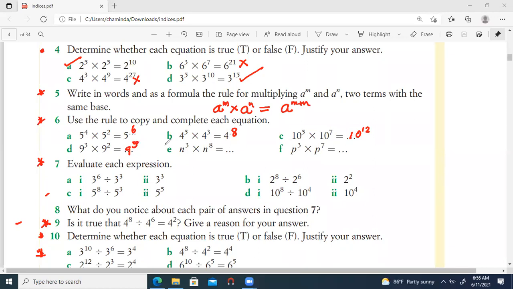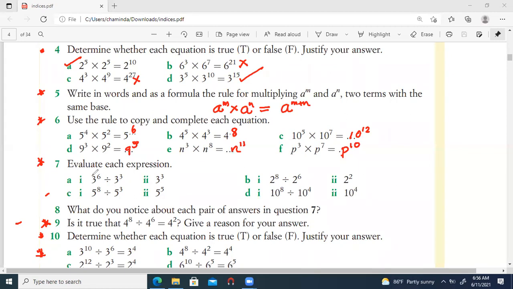Next one, n to the power 3 times n to the power 8. The answer is n to the power 11. Then p to the power 3 times p to the power 7. The answer is p to the power 10.